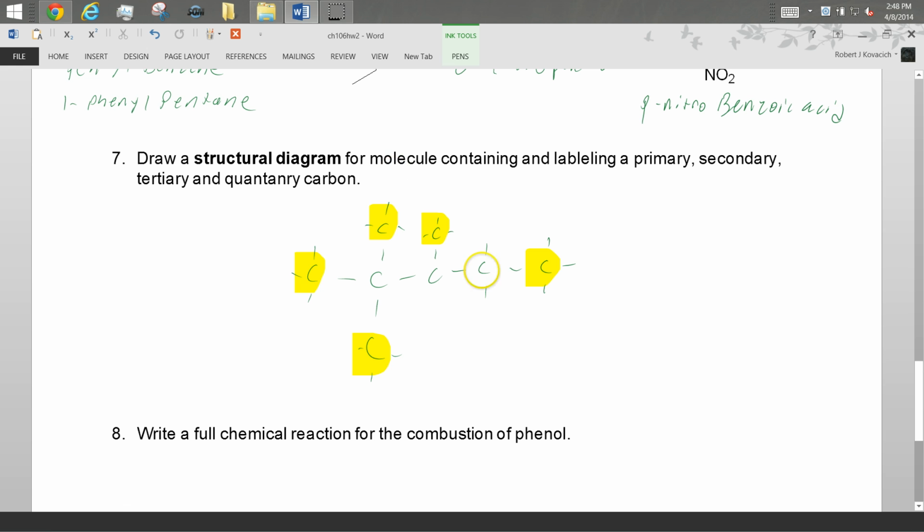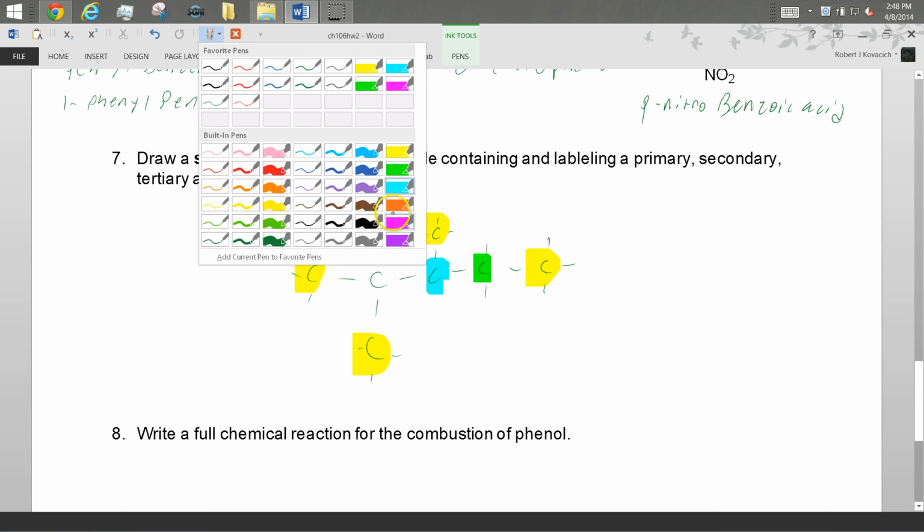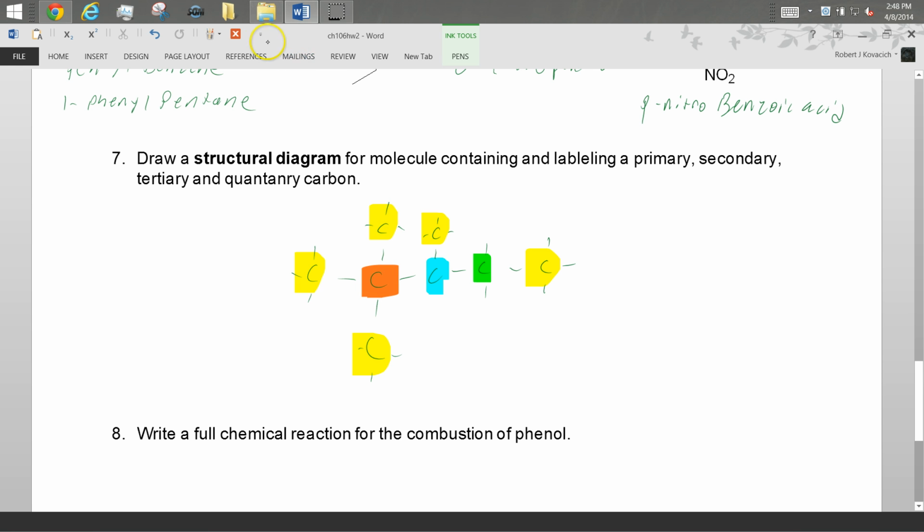Those guys are all primary. And what's this guy that's green? Secondary. And this blue one? Tertiary. And then this orange one? Quaternary. Which one of those is the least reactive? Quaternary. What's the most reactive? It's literally just based on accessibility. The one that's blocked off the most is that orange one in the middle, and the ones that are accessible are the ones on the outside, so the yellow ones.